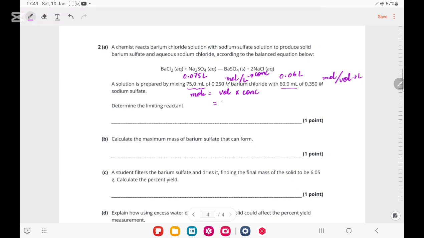Volume is how much? 0.075 times it with concentration, that is 0.250, and that is mole per unit volume. So when they are multiplied, the answer comes out to be 0.1875 mole of barium chloride.